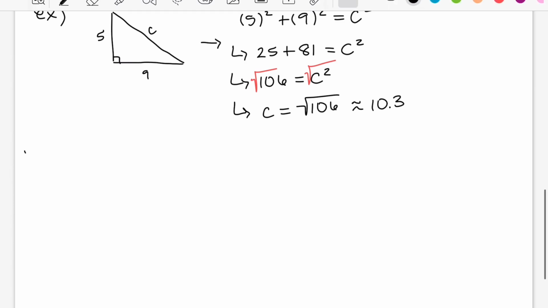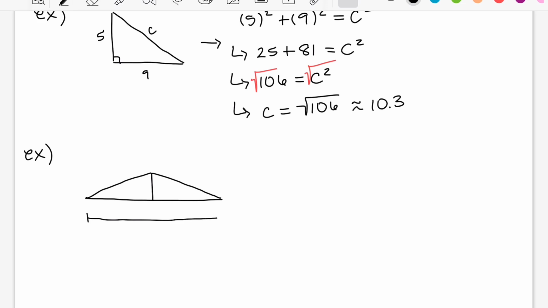Next, let's look at an example that you might see on your homework. Let's say we have this sort of structure here. Okay, so maybe you think like a roof. And we're told that the length of this is 32 feet.